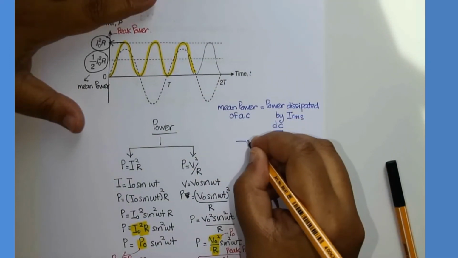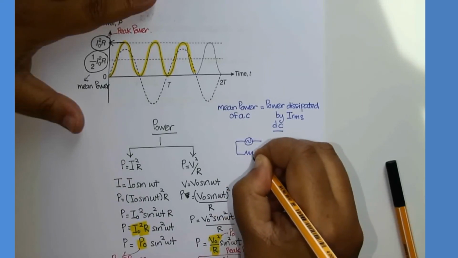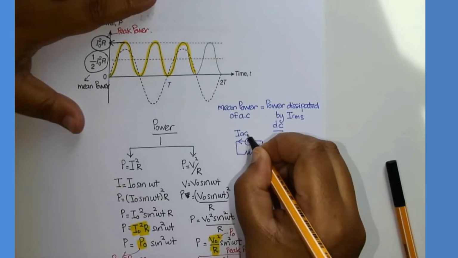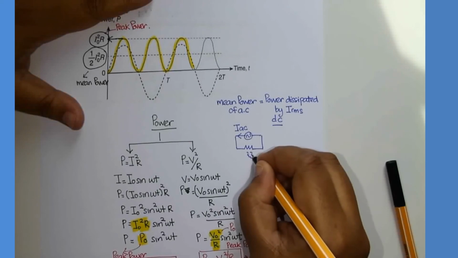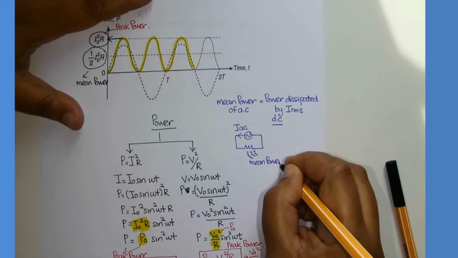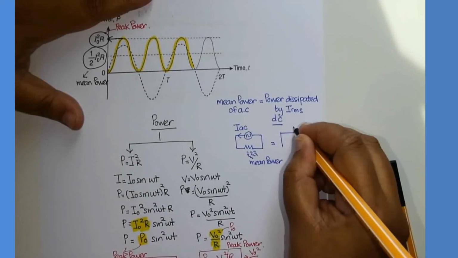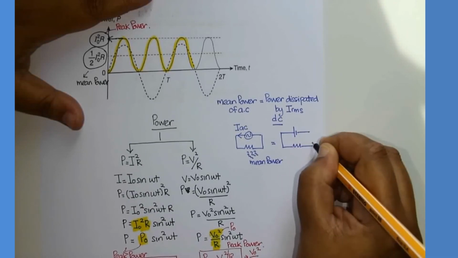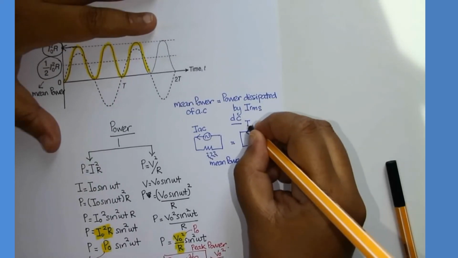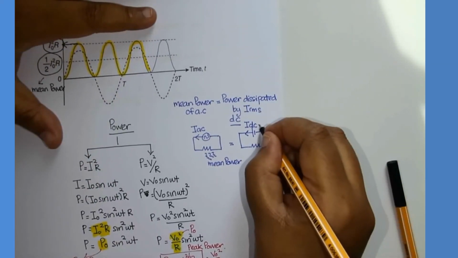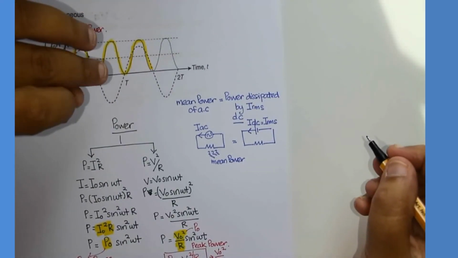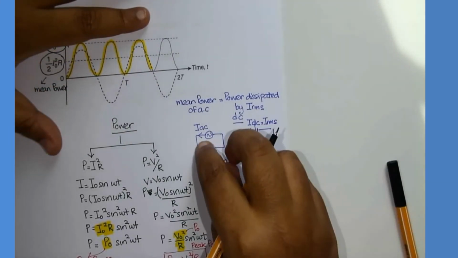Now let's draw a circuit of an AC, connected to a resistor. The current that flows here is IAC, then the power dissipated is mean power. In the DC circuit with a resistor, the current that flows inside is IDC, and we know IDC is equal to IRMS, the effective value, the RMS current in an AC.